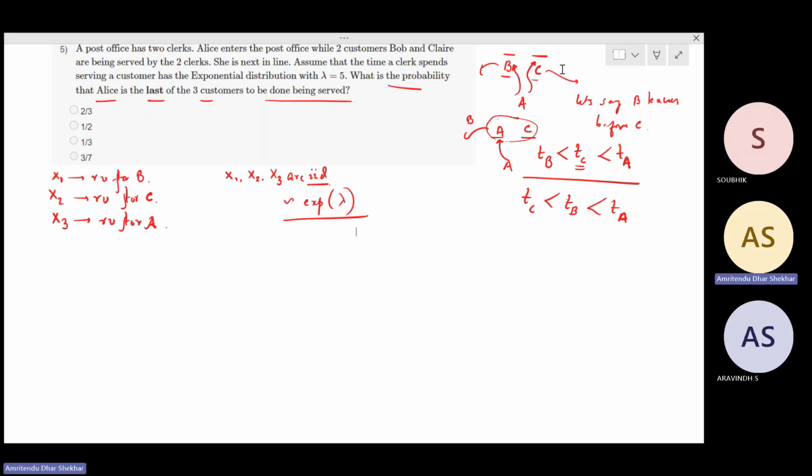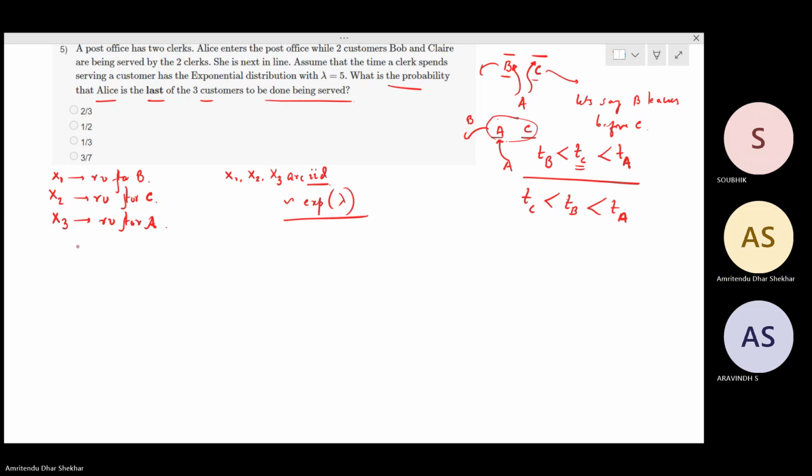Okay, so let's write this down explicitly. We have two disjoint cases.